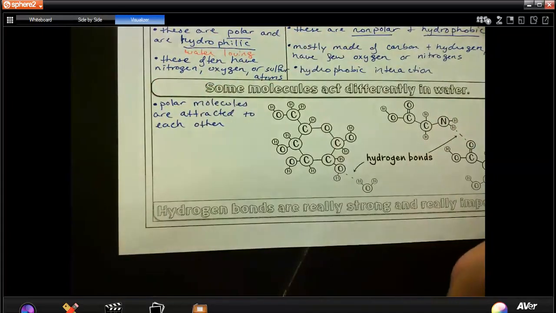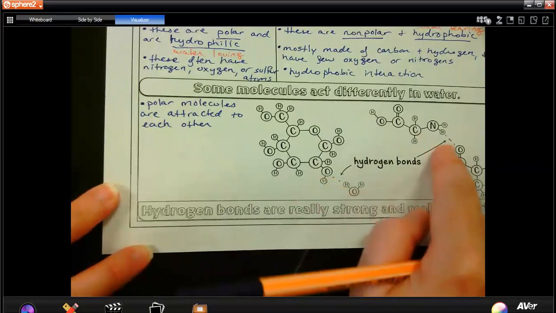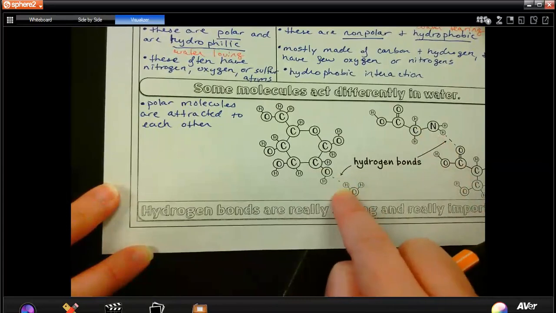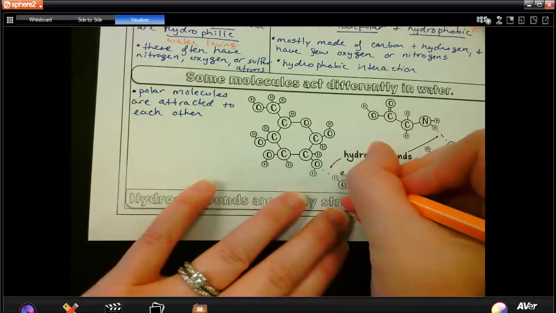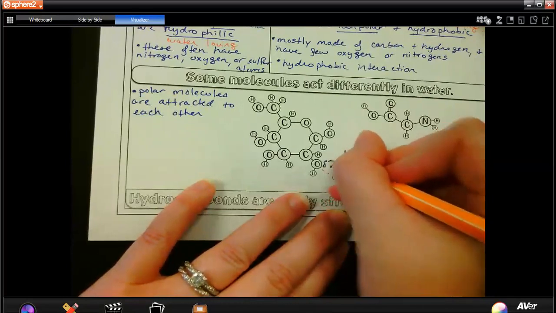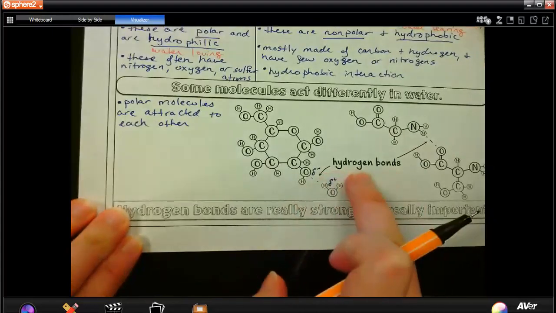Hydrogens bonded to oxygen, like we see in water, or nitrogen, are very attracted to nearby oxygens or nitrogens. These hydrogens become attracted to those other partially negative charged atoms, because remember, these are partially positive. And so that attraction occurs and you form a hydrogen bond.